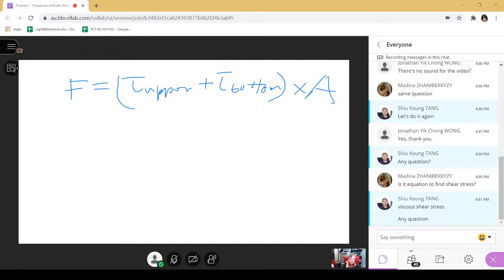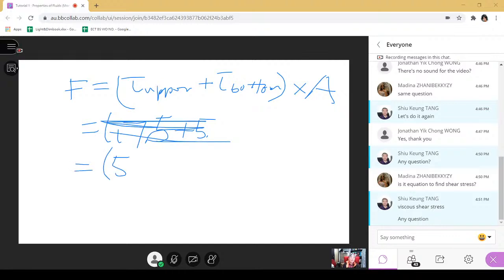Now we have the upper stress and the bottom stress. The upper stress is 5.526 and the bottom stress is like that.